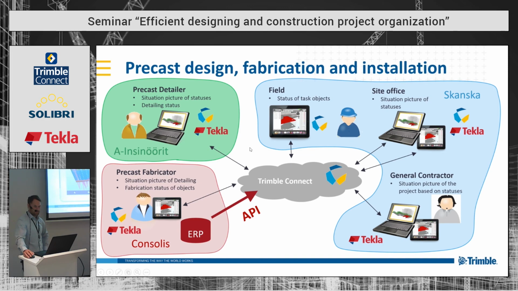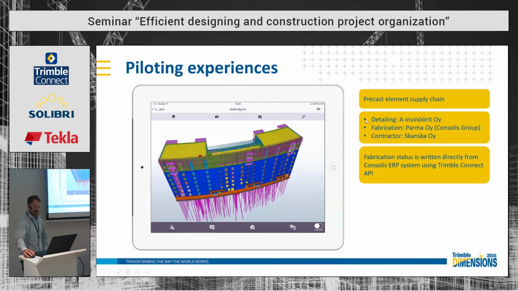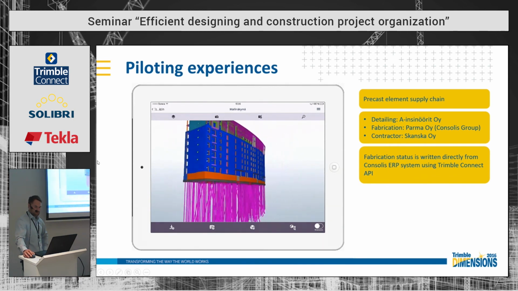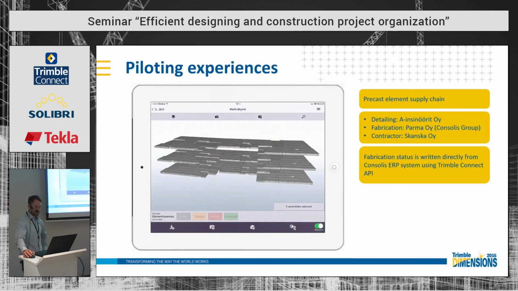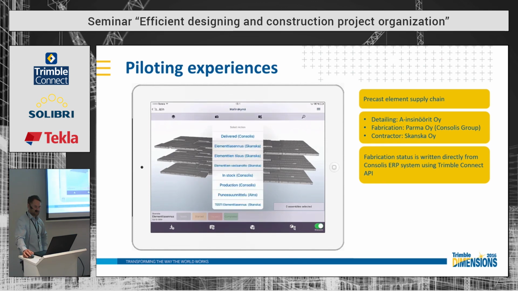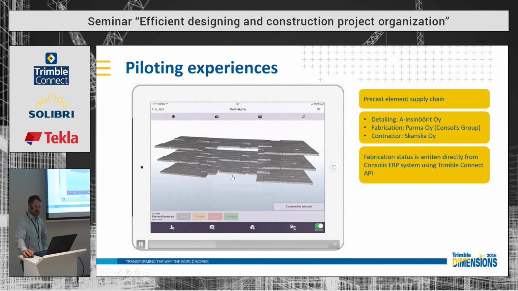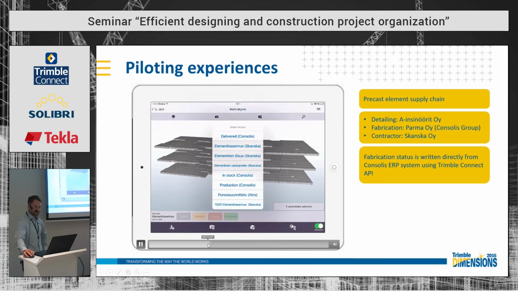A couple of pictures here, and maybe let's see some videos. So this is the project that they were planning, and in the first project they were following only the hollow core slabs, so not the whole project. And you can see that, for example Consolis, they had different tasks. They have in stock, in production, and delivered.